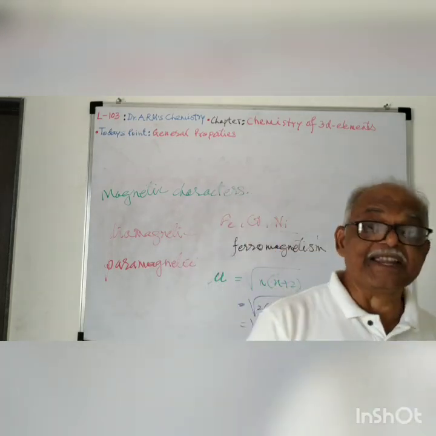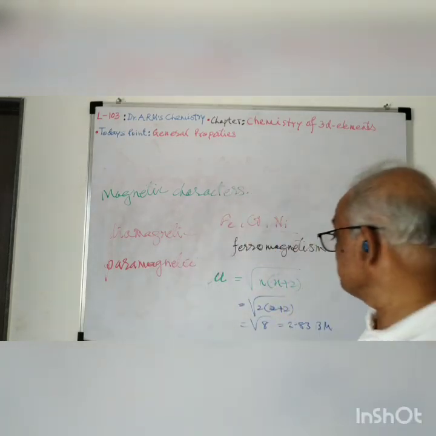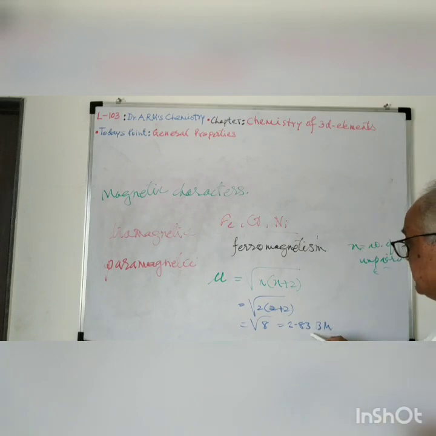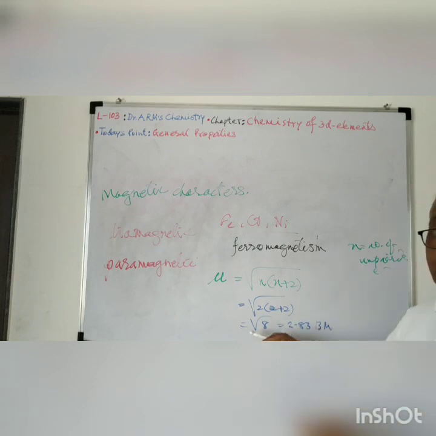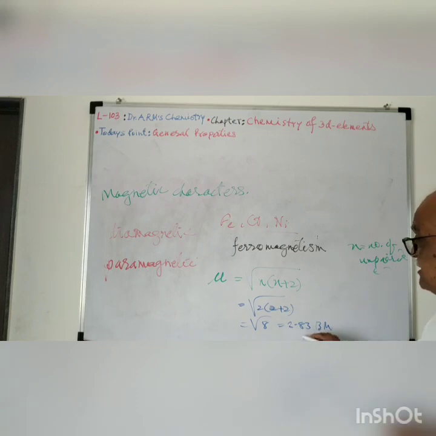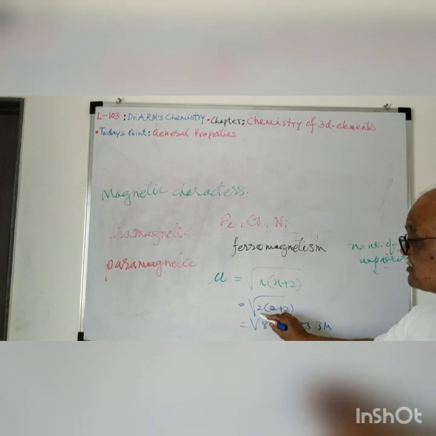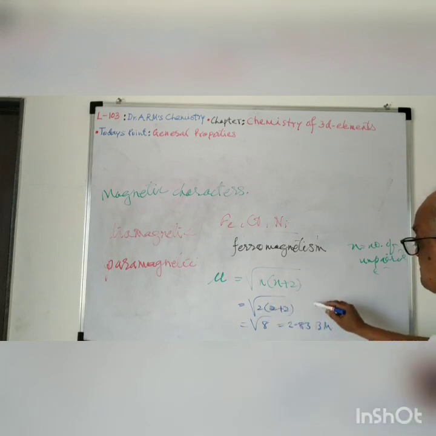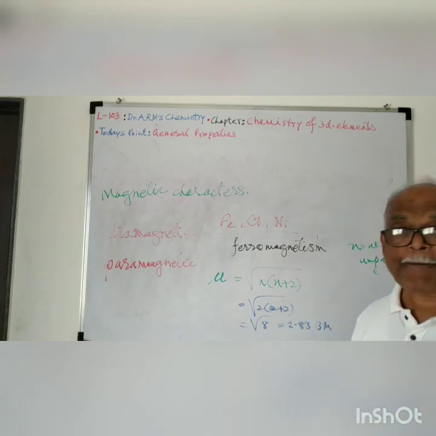So if we find, by using the Gouy magnetic balance method, a magnetic moment close to this number, it indicates that the metal ion present in that substance must contain 2 unpaired electrons, that is n must be equal to 2.